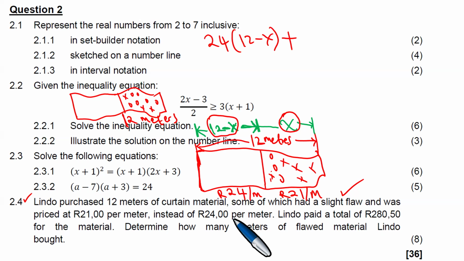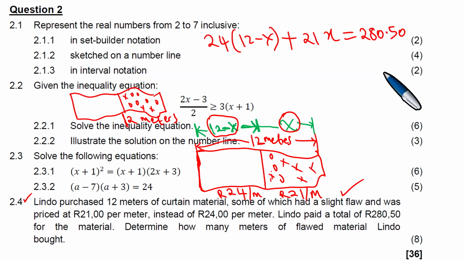Right. So now we then have the following: 24 into 12 minus x, and then 21x, is equal to the total, which is 280 rand and 50 cents.